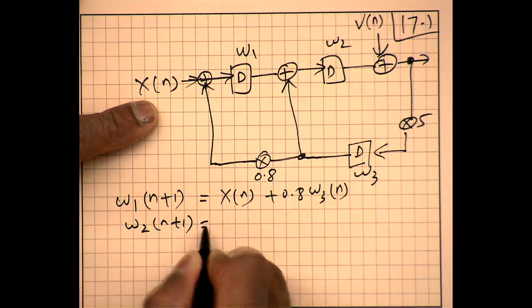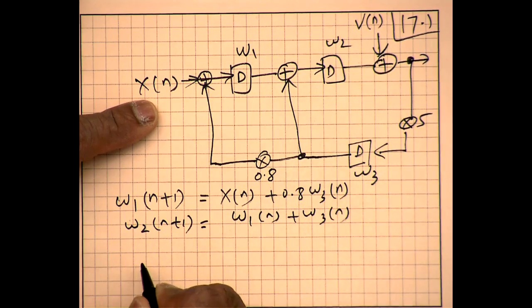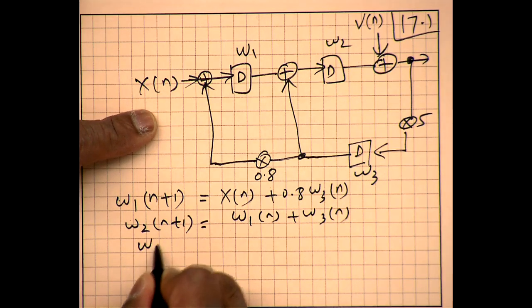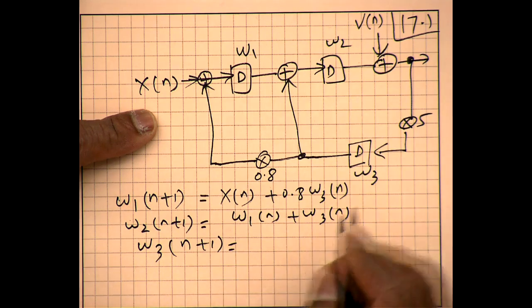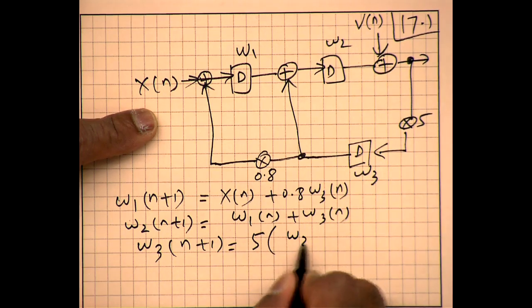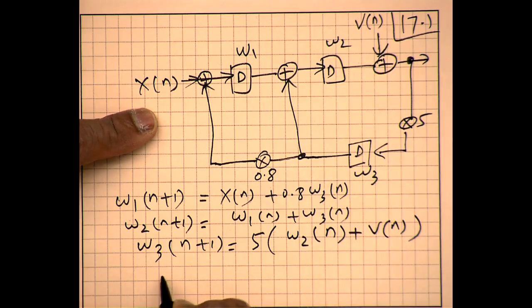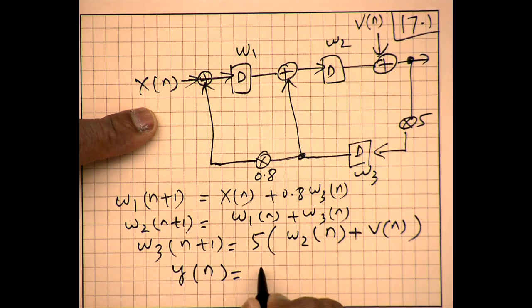W2n plus 1 is equal to W1n plus W3n. And then W3n plus 1 is equal to 5 times W2n plus Vn. Yn is equal to W2n plus Vn.